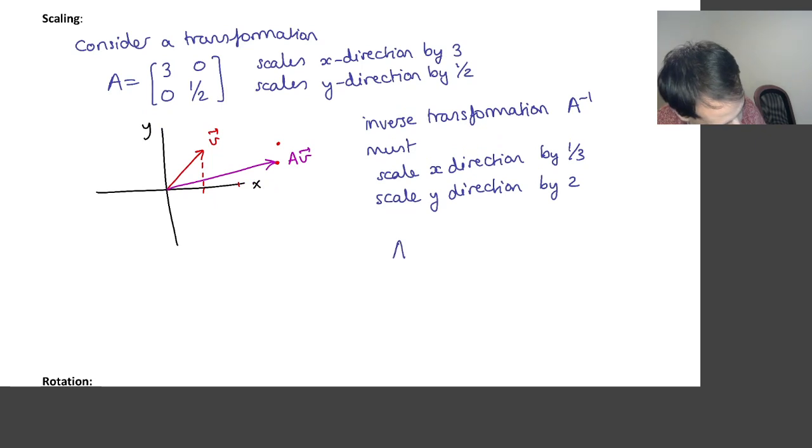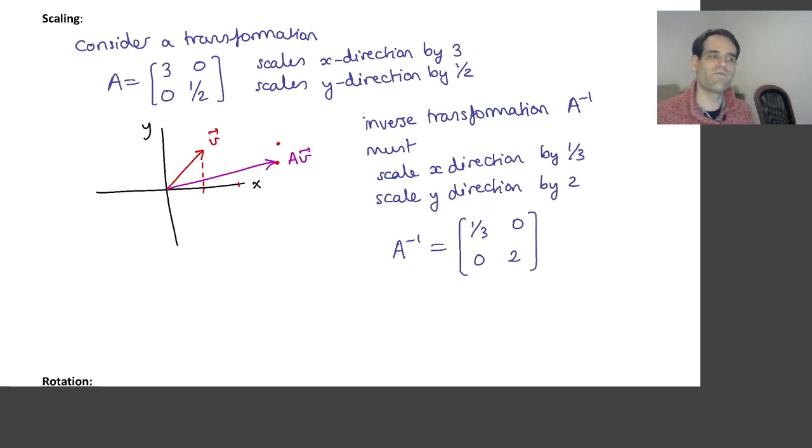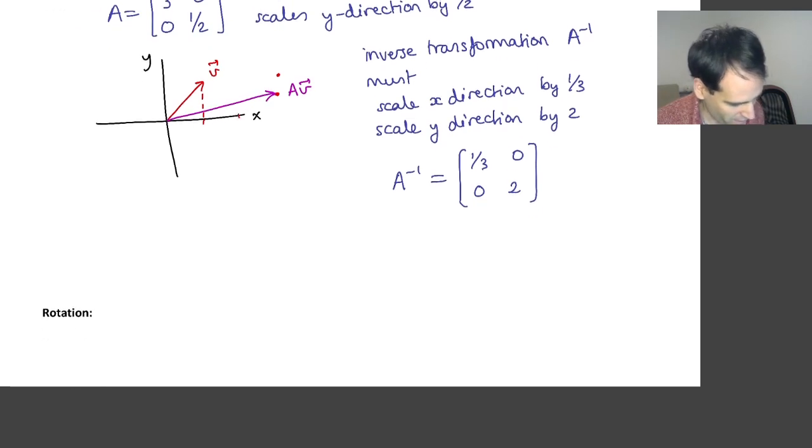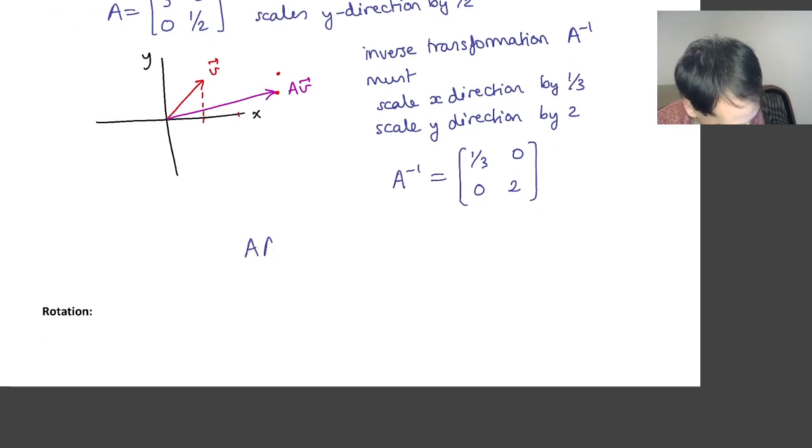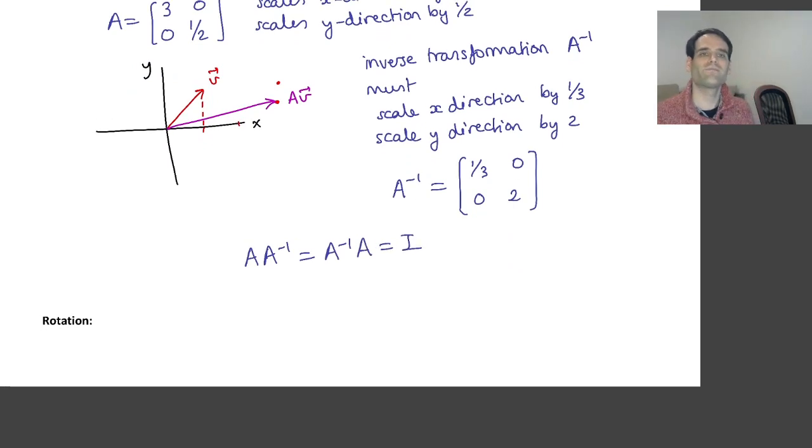Therefore, the inverse must be equal to this matrix: 1/3, 0, 0, 2. And that is the inverse matrix. Okay? You can check that A times A inverse equals A inverse times A equals the identity matrix. You can do those matrix multiplications yourself.